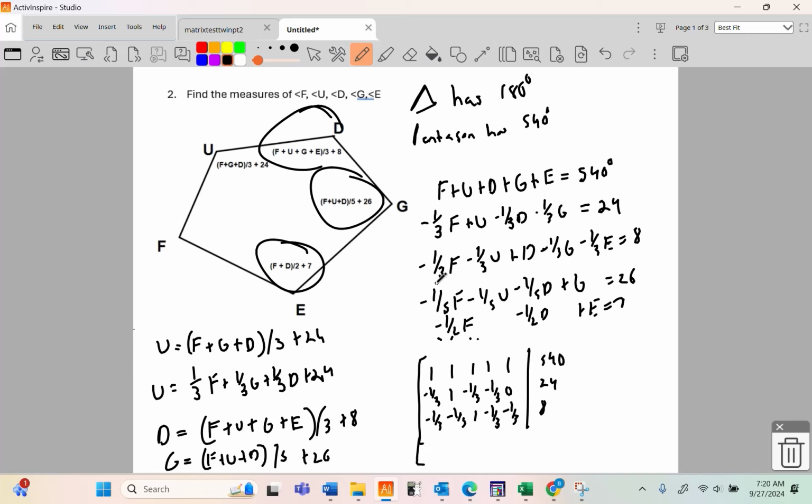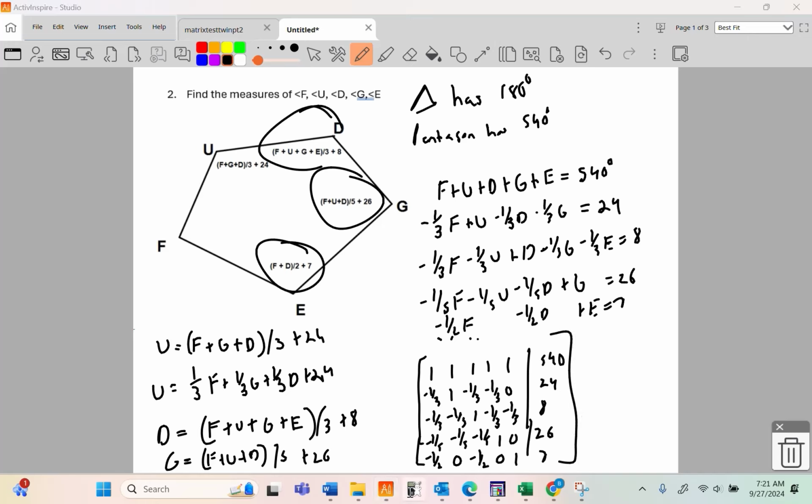I need a slightly taller matrix. Now I'm at this line that talks about negative 1/5, negative 1/5, negative 1/5, negative 1/5, 1, no E, 26. And the last one is negative 1/2 F. There is no U. There is a negative 1/2 of D. There is no G. There is an E, and it's equal to 7.